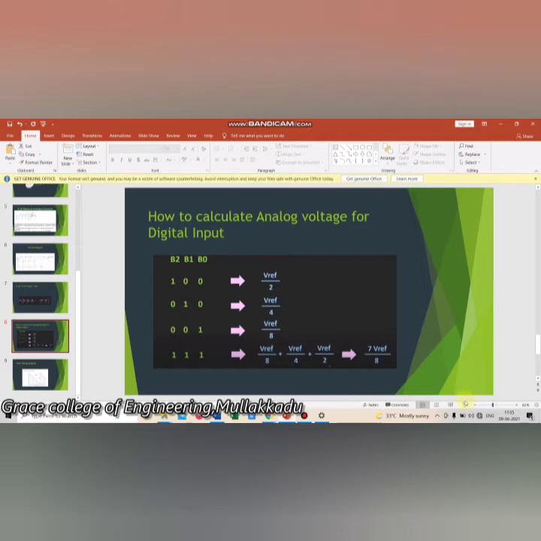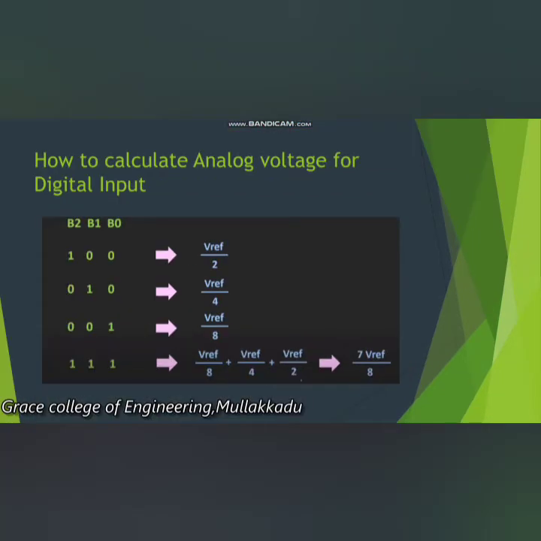Now we are going to see how the digital inputs are given to the network, B0, B1 and B2. B2 is given the value 1 and B1 and B0 are given the value 0.